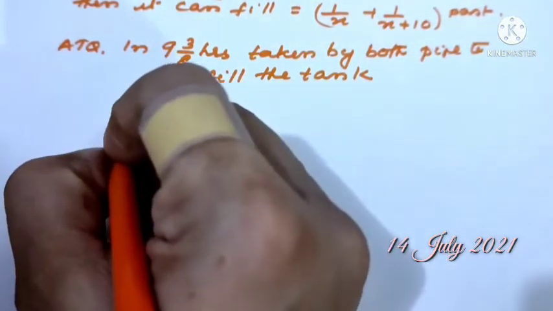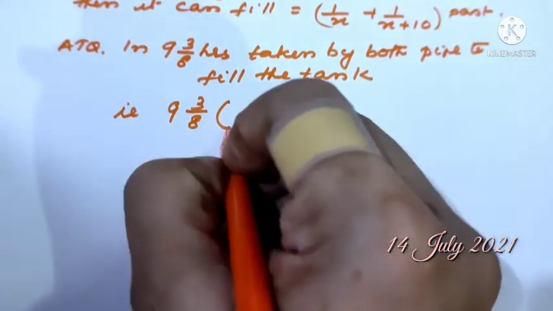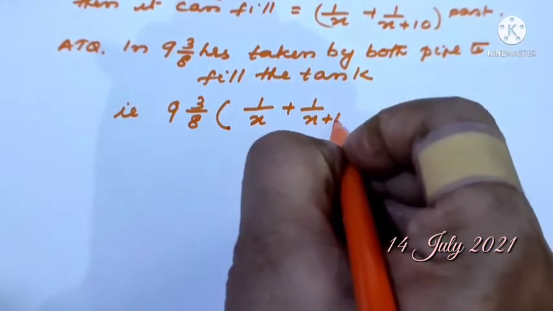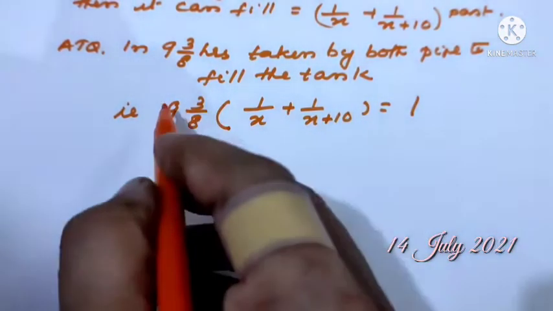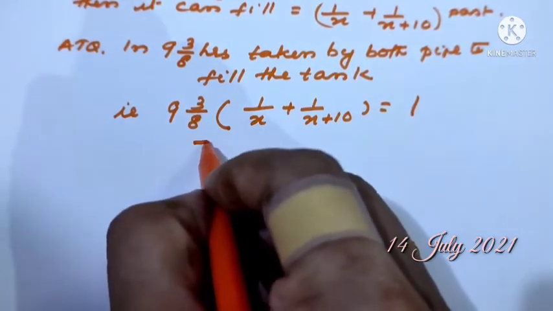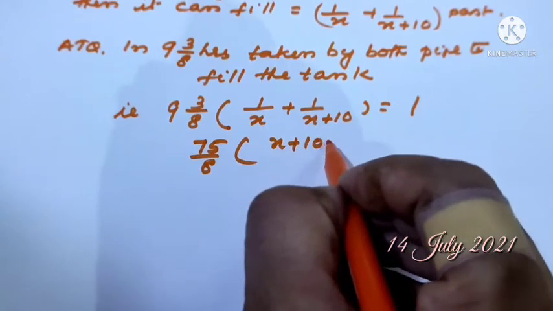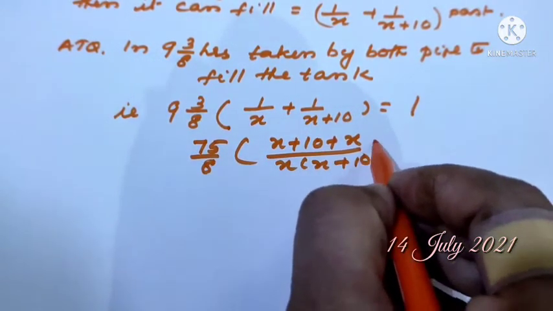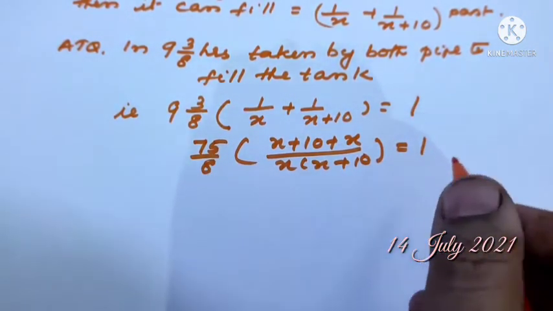That is 9 integer 3 by 8 into 1 hour work equal to complete work. So it is 75 by 8 into x plus 10 plus x divided by x into x plus 10 equal to 1. 75 by 8 I am taking to this side.